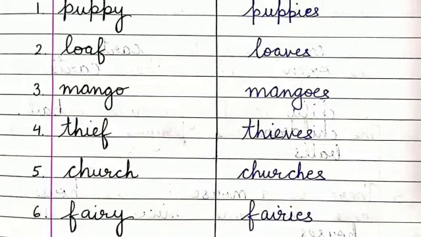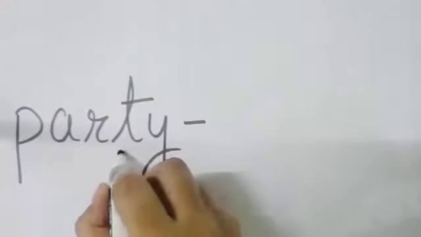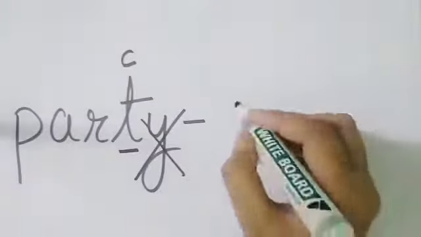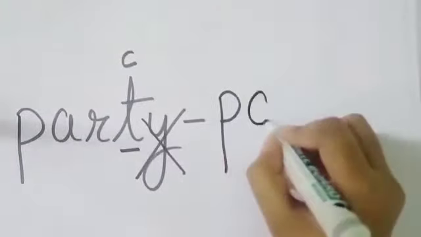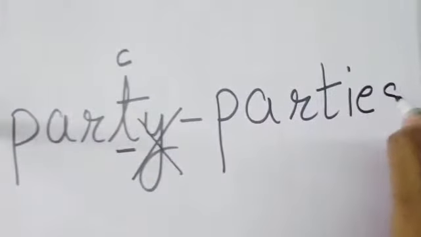Number 7 is party. Let's see the plural form. Children, in the spelling of party, again before the Y, T is given, and T is a consonant. So we are going to remove Y and add IES to make it a plural noun. So party will be parties, P-A-R-T-I-E-S.